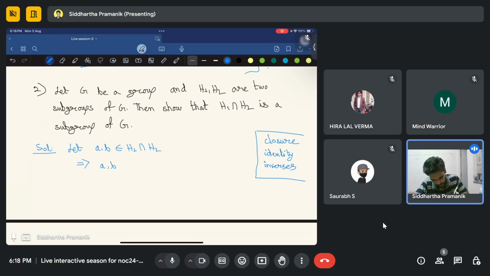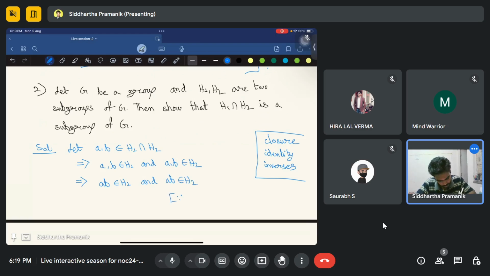So a and b belong to H1 and a, b belong to H2. Now H1 and H2 both are subgroups, right? So the product of these elements must belong to these subgroups because they should satisfy the closure property.